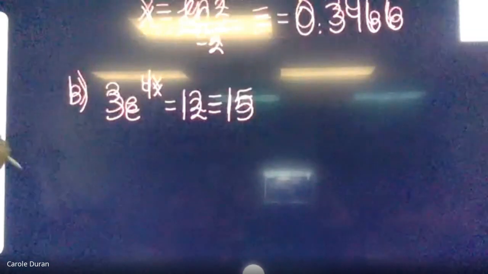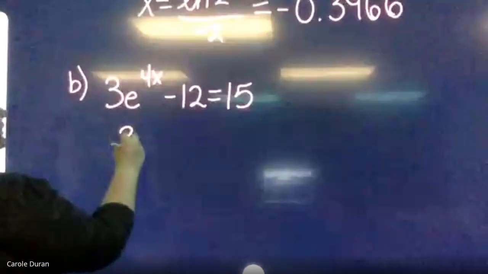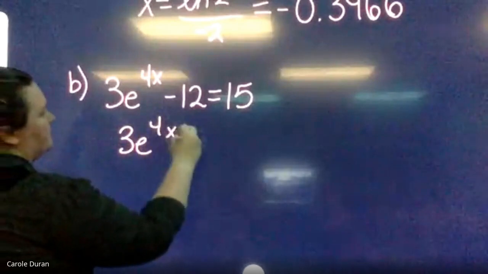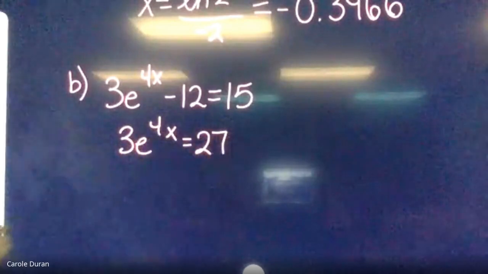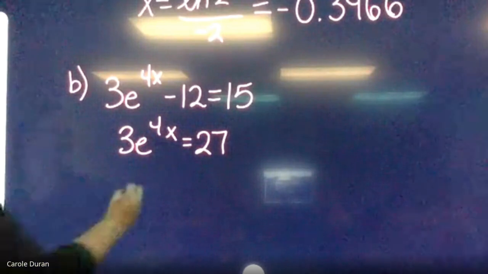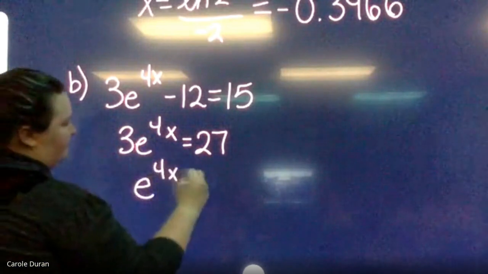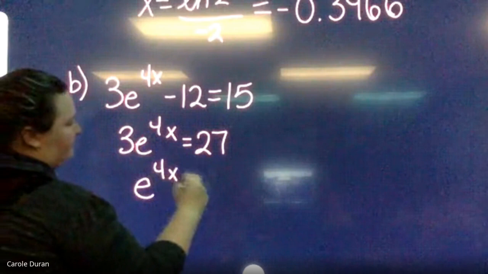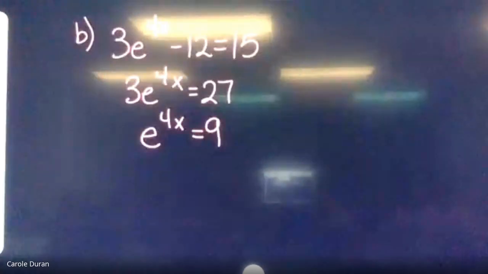So the first thing I notice is that I add the 12 over, I did not just put that to the calculator. Then I divide by 3, and hopefully in our brains we know that's 9. I put 12 plus 15. I have to somehow bring my variable down to the same level as the rest of my problem.